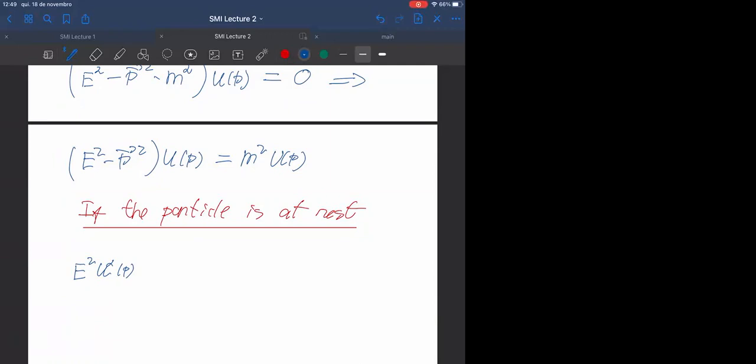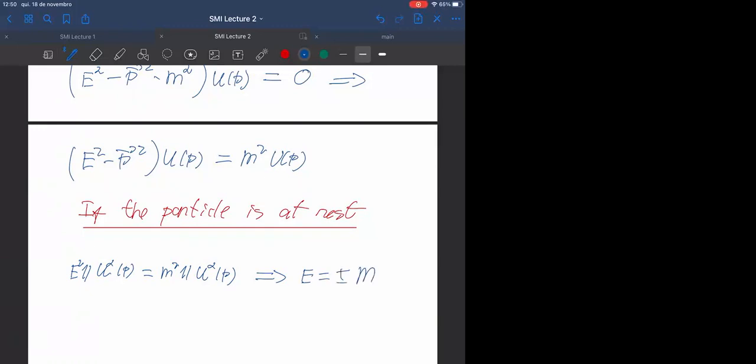And of course, we need an identity matrix here as well. So it will be e squared u alpha equal to m squared identity u alpha, which means we see immediately that the energy is equal to plus or minus m.